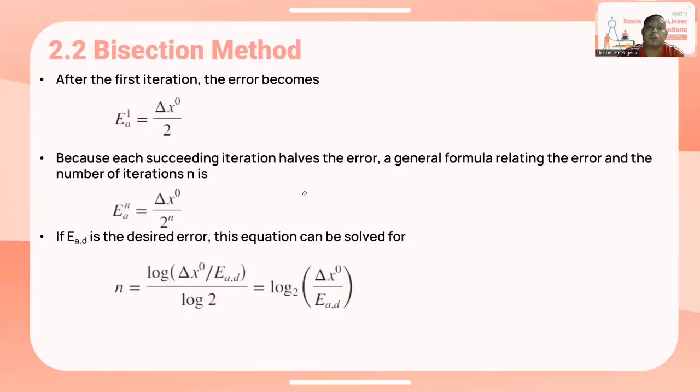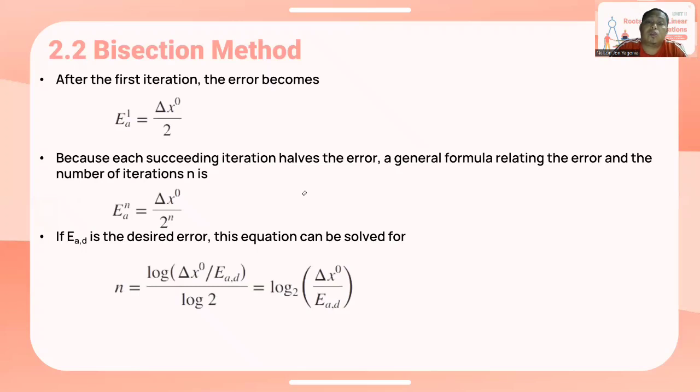After the first iteration, the error will now become E sub A raised to 1, which is equal to delta X raised to 0 divided by 2. Since it's already after the first iteration, the superscript of E sub A is already 1, but delta X is always raised to 0.